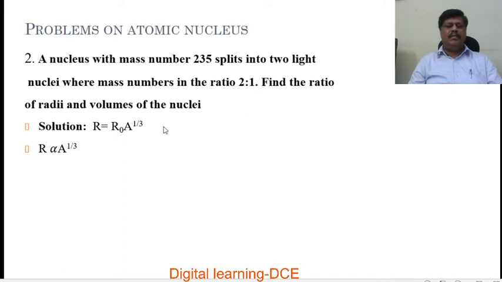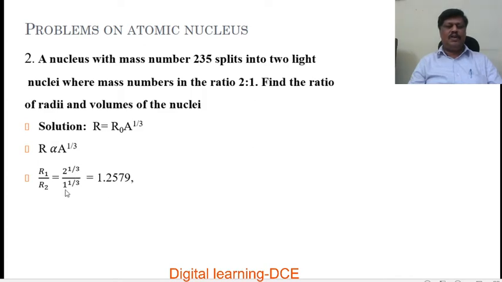Again, the same relation: the radius of the nucleus is R = R0 A^(1/3). Since R0 is a constant, the radius is directly proportional to A^(1/3). So R1/R2 = (A1/A2)^(1/3), and it is given that A1/A2 = 2/1.